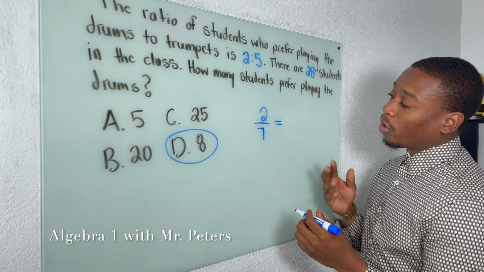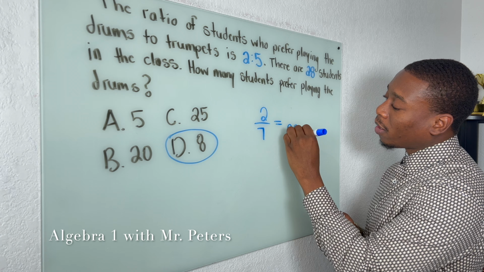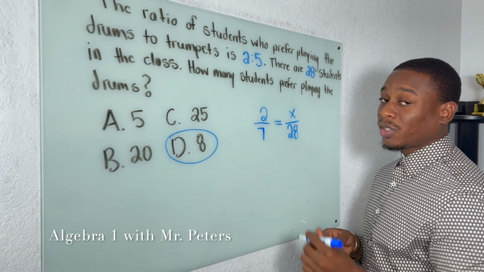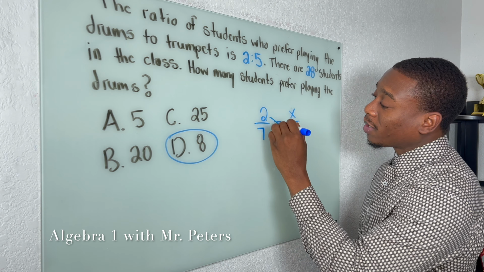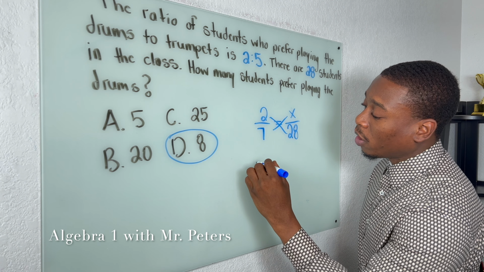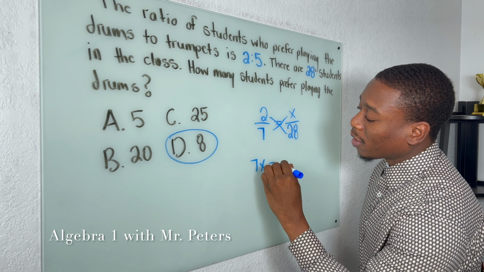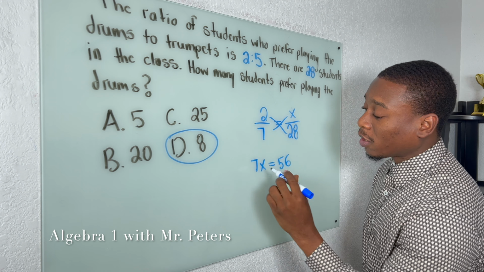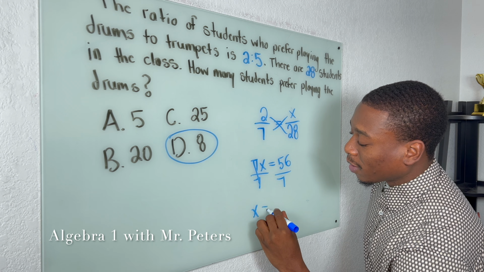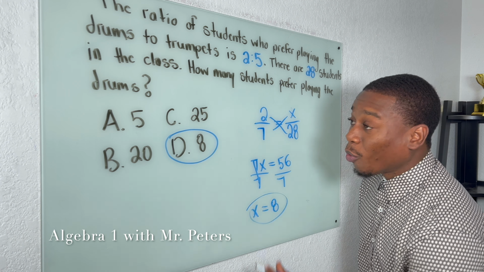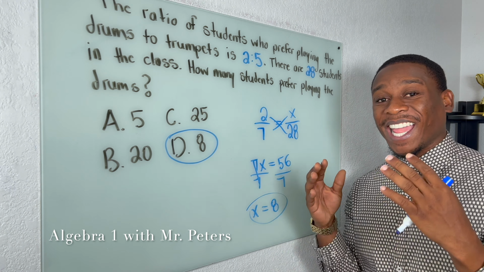So in a group of 28, how many of those students would prefer the drums? That's what we don't know. So we follow that same process of cross multiplication, and we'll get 7x is equal to 56. And once we divide by 7, we will get x is equal to 8, which is the same exact answer.